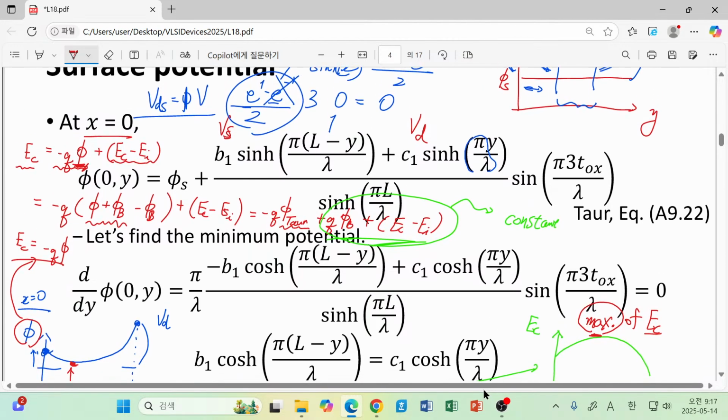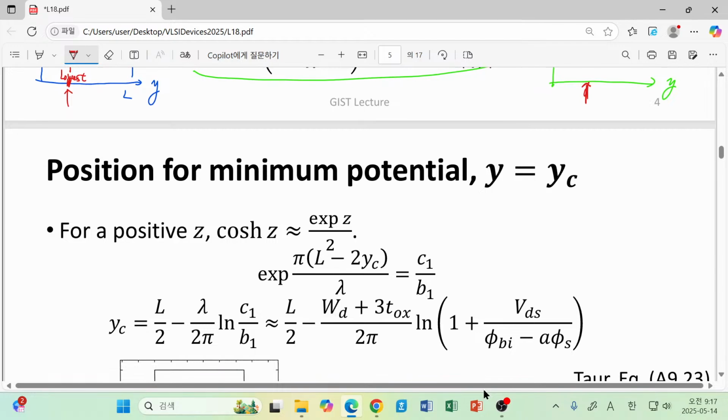So think about this one. Here we have a roller coaster, and if our train initially starts from here, then in order to overcome this rail, we must provide the energy corresponding to this amount of height difference.